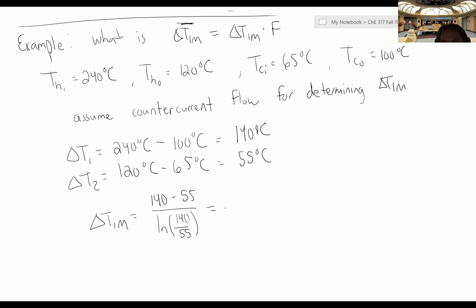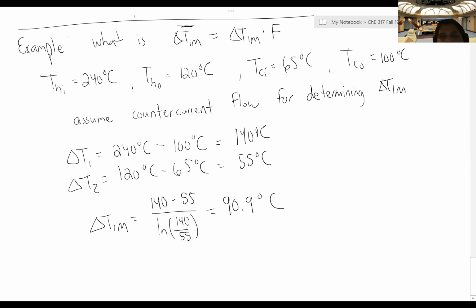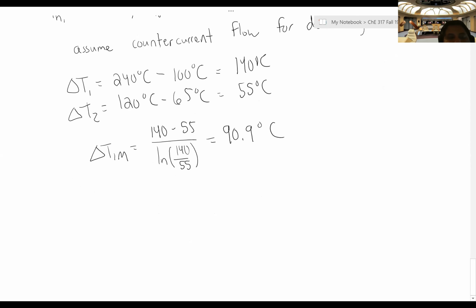So if I do this calculation, let's see what I get. Approximately 90.9 degrees C for my driving force. But I have to do a correction factor, so I need to find my Z and my eta.